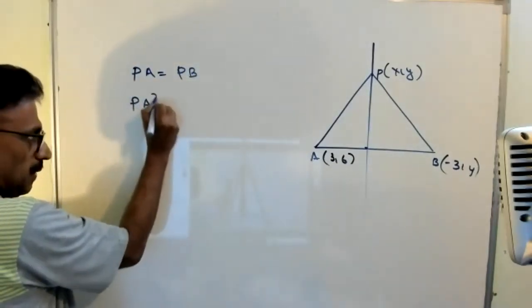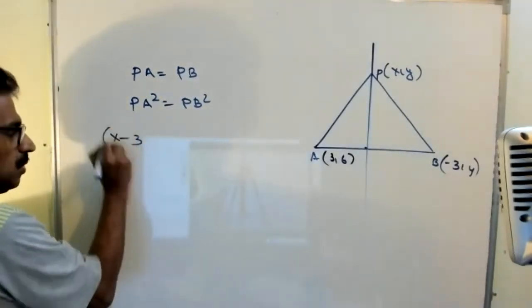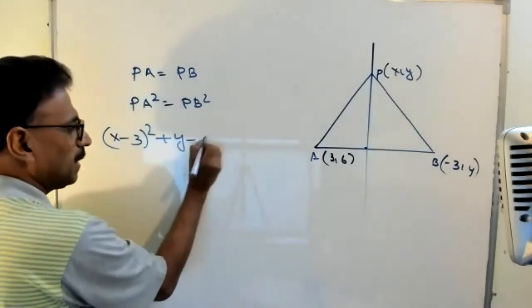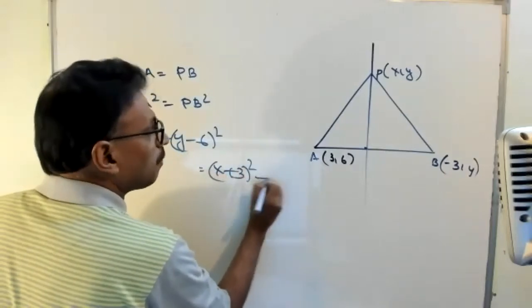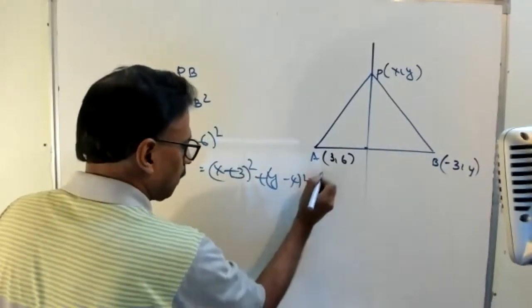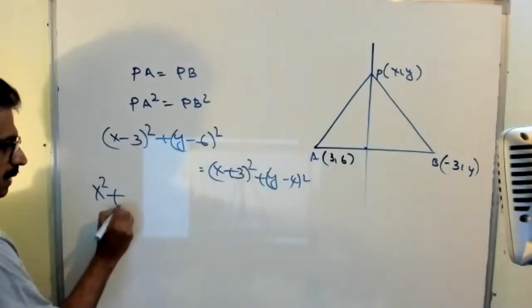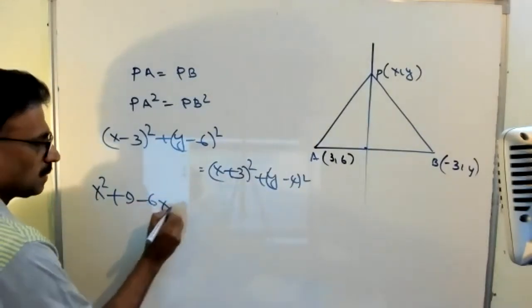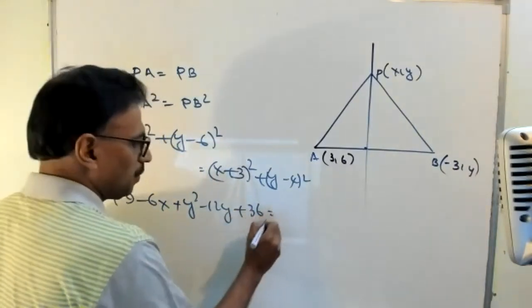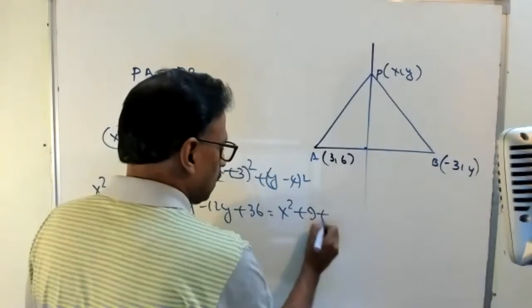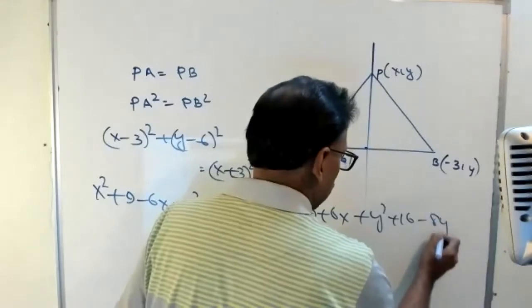So PA squared equals PB squared. So (x-3)² + (y-6)² = (x+3)² + (y-4)². Then x² + 9 - 6x + y² - 12y + 36 = x² + 9 + 6x + y² + 16 - 8y.